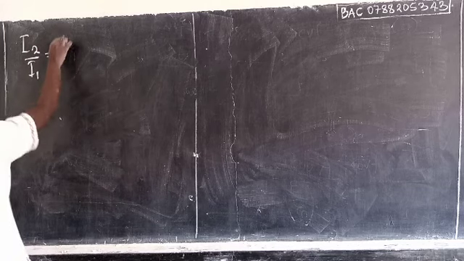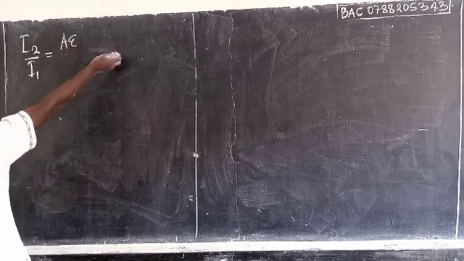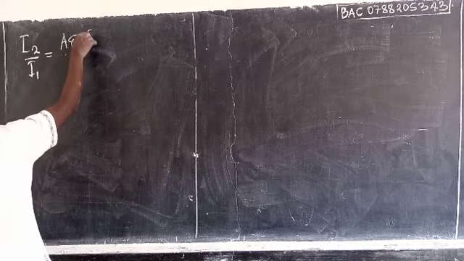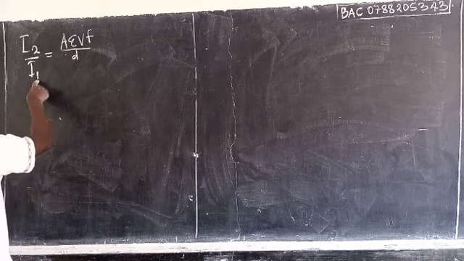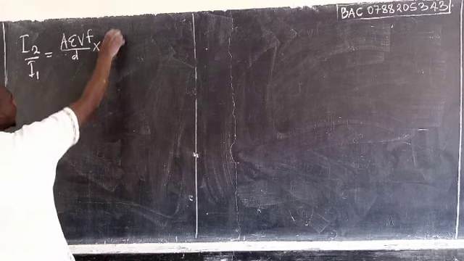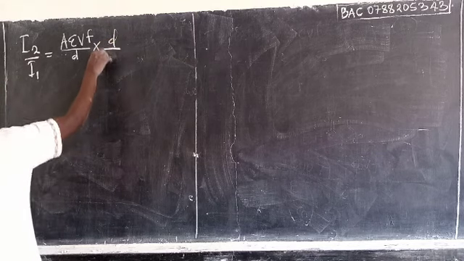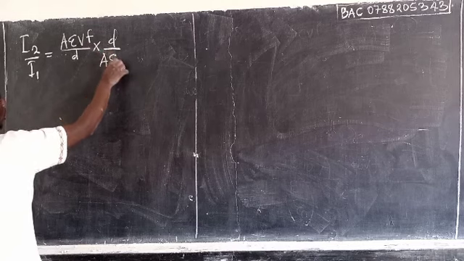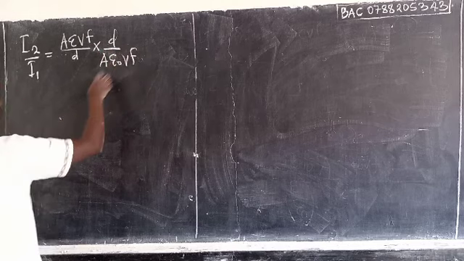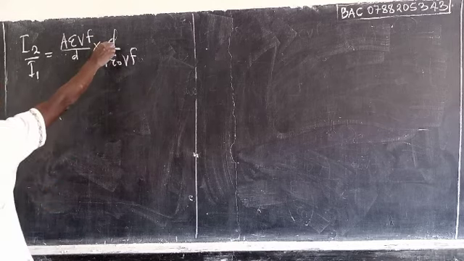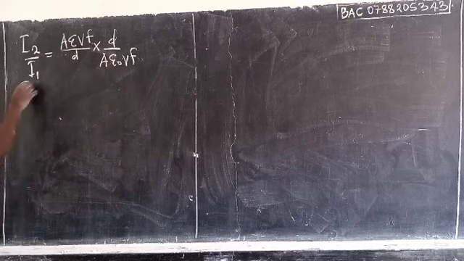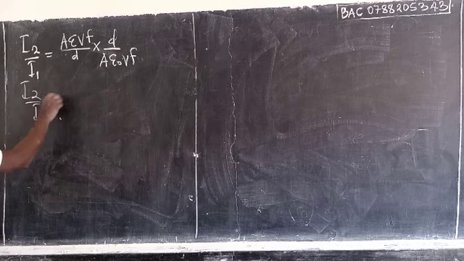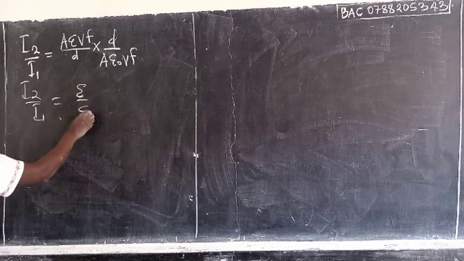Remember, I2 was A epsilon V F out of D. When you divide by I1, I multiply by the reciprocal, which is D out of A epsilon naught V F. This D will cancel, this A will cancel, V will cancel, and F will cancel. So we shall remain with I2 out of I1 as epsilon out of epsilon naught.